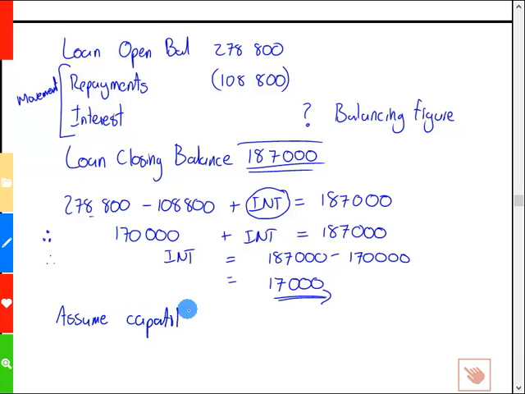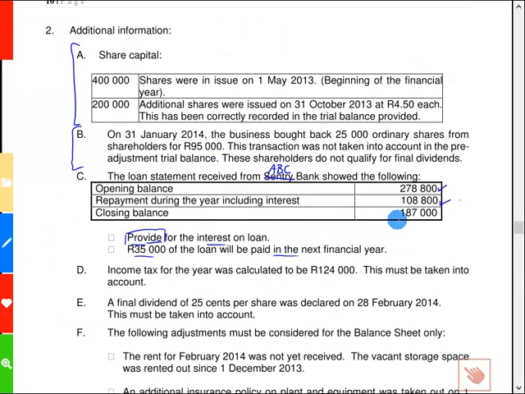The reason for that is that the loan statement received from the bank shows 187,000 Rand. If you simply accrued for the interest separately, that would not necessarily be incorrect because they didn't specifically stipulate that. But because the loan statement says 187,000 Rand, we're also going to capitalize this interest to form part of the amount that we owe to ABC Bank.